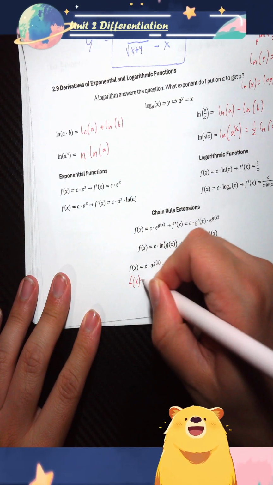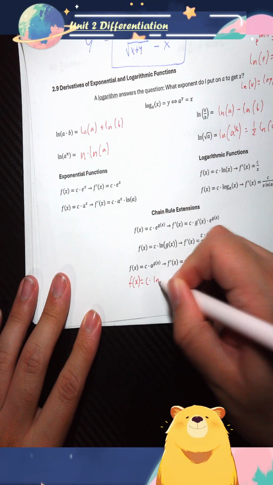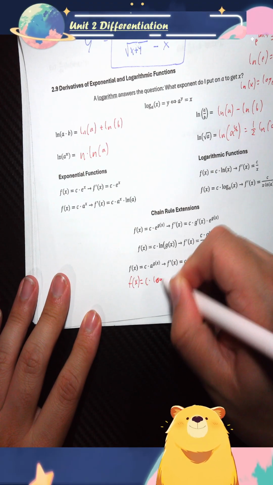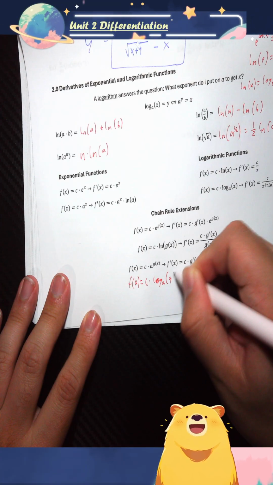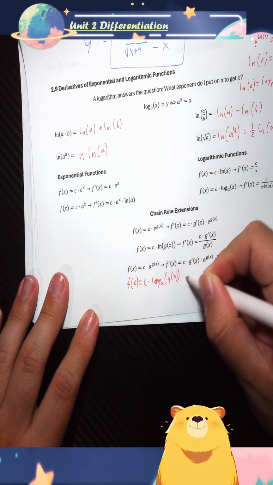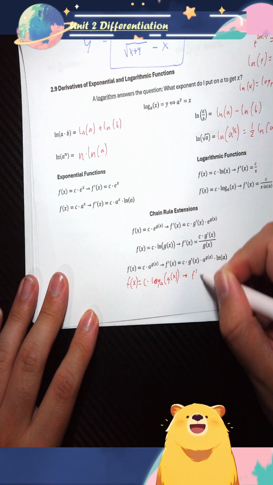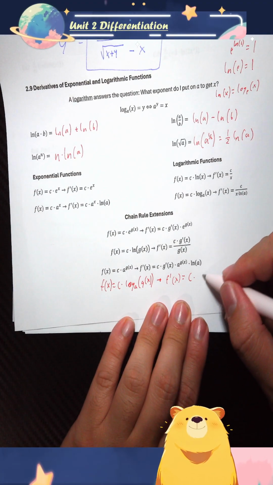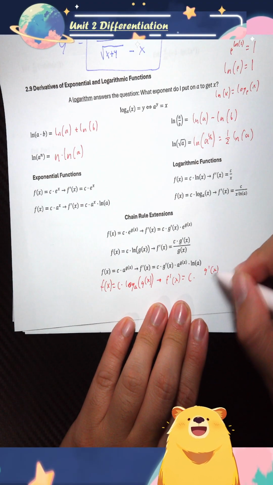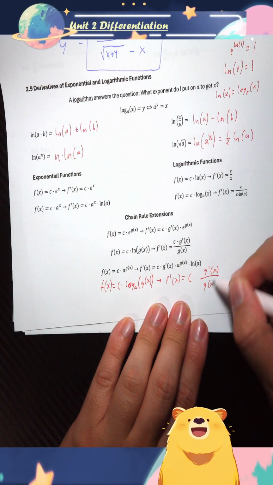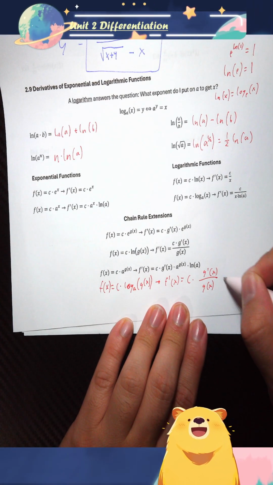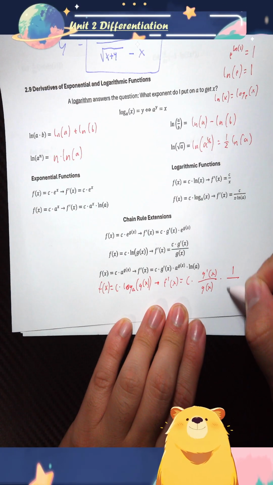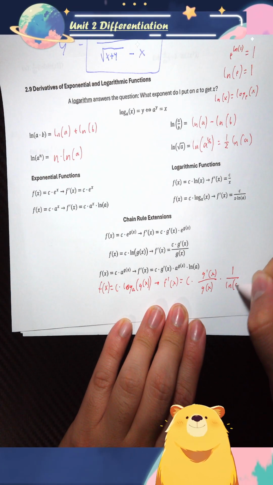Similarly, if I have log base a of g of x, then its derivative is c times g prime of x over g of x, and then times 1 over ln of a.